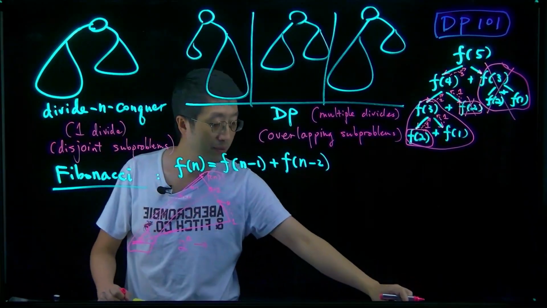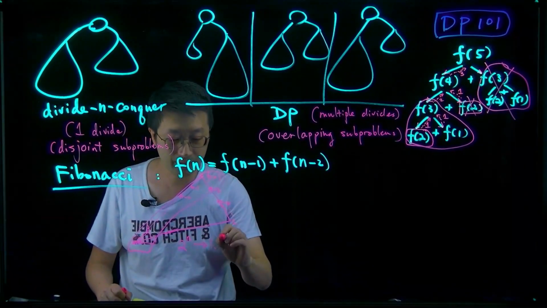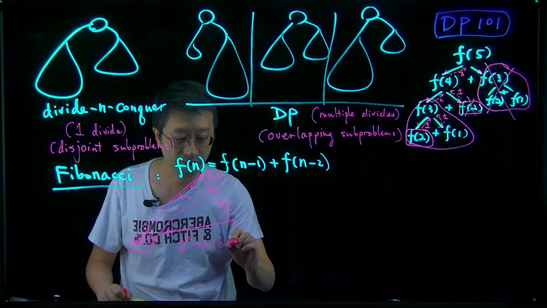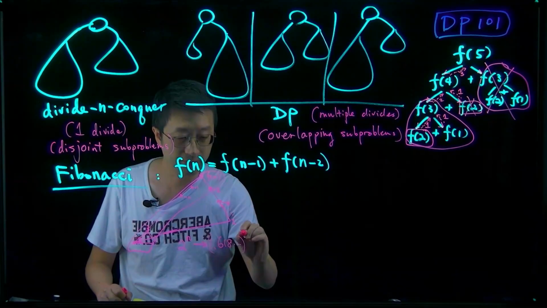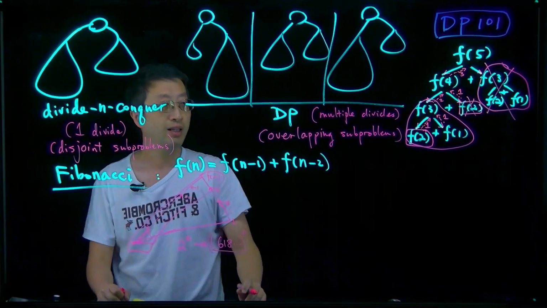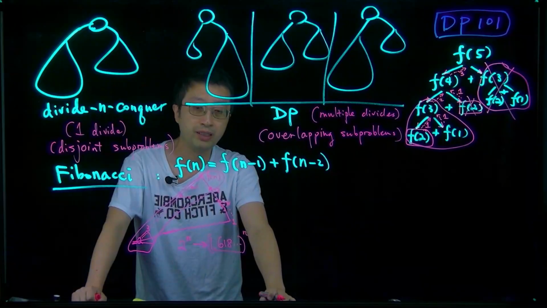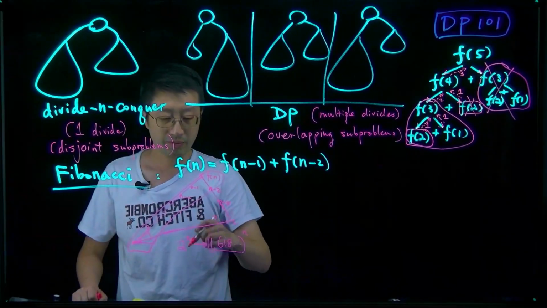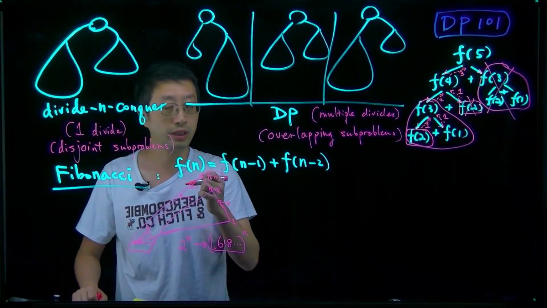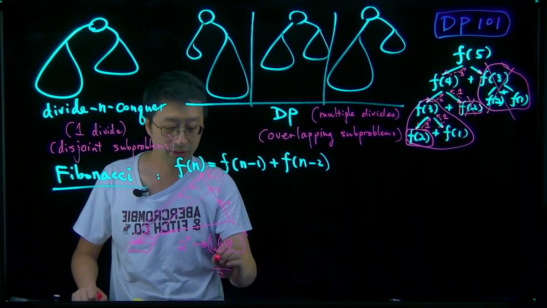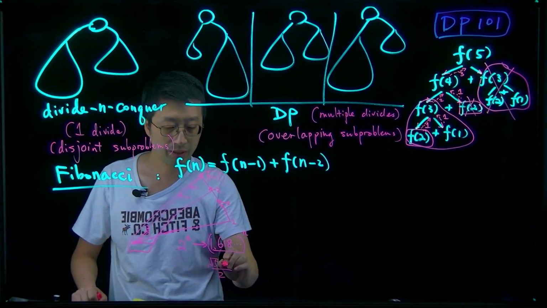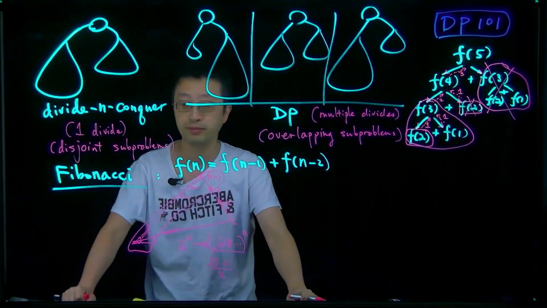Well, it is 1.618 something to the power of n. And what's that number? That number reminds you of the famous golden ratio, which is square root of 5 plus 1 divided by 2. Okay?